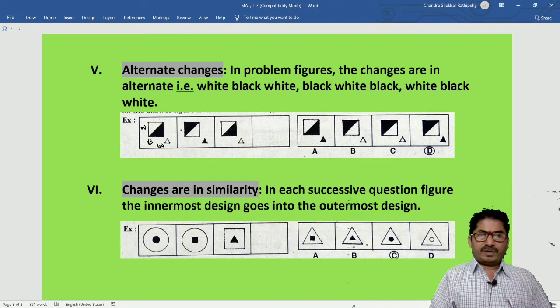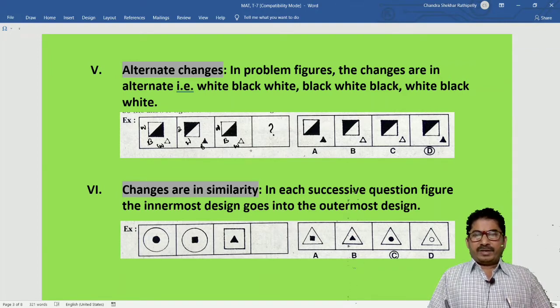Second figure, black, white, black. Next, white, black, white. So next, black, white, black. D is the correct option.